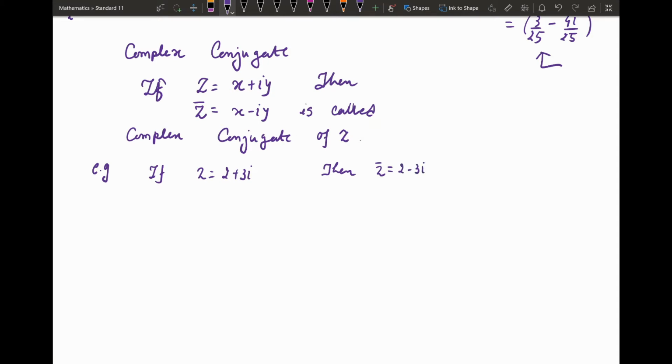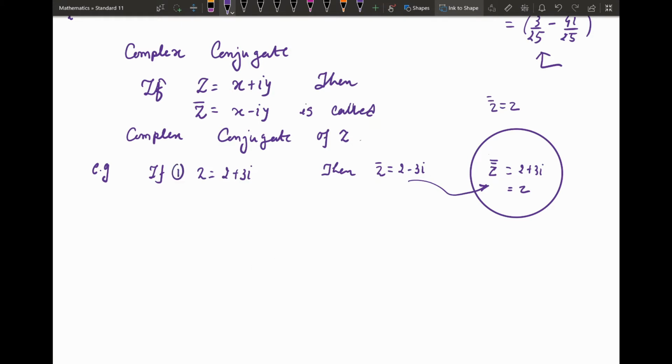And here again you note that if you evaluate the conjugate of z bar again, plus is replaced by minus or minus is replaced by plus, vice versa. So this will be 2 plus 3i. So you can observe the conjugate of conjugate is the same complex number.